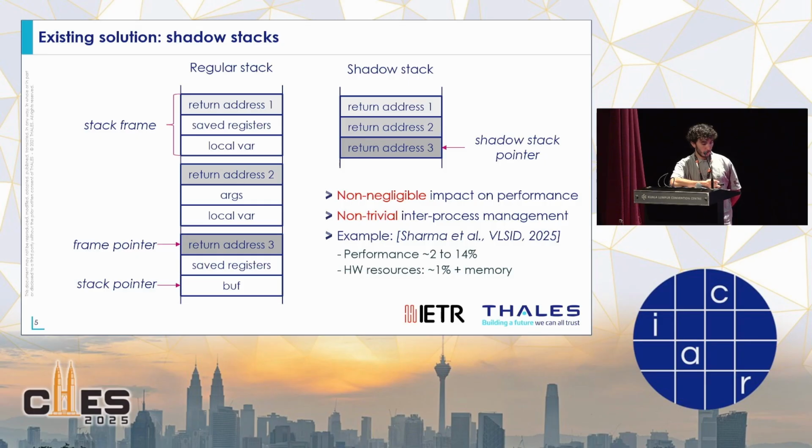And in a very recent work on hardware-assisted shadow stack, they had performance overhead from 2 to 14%, and a huge need of hardware resources and memory space to implement the shadow stack.